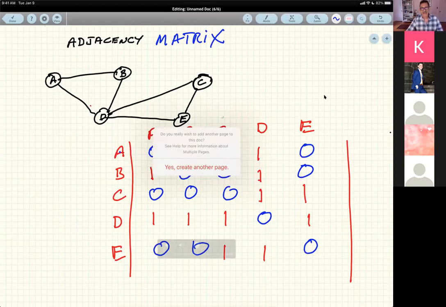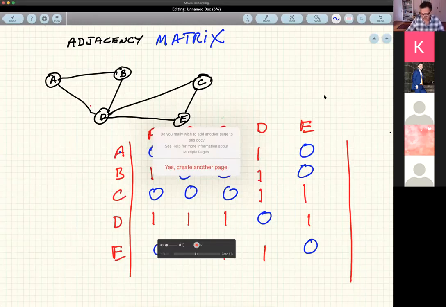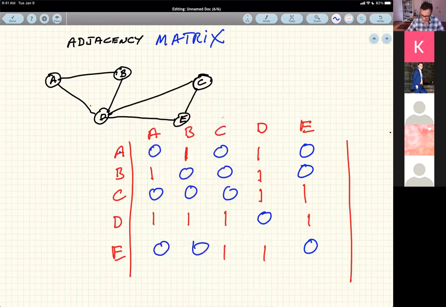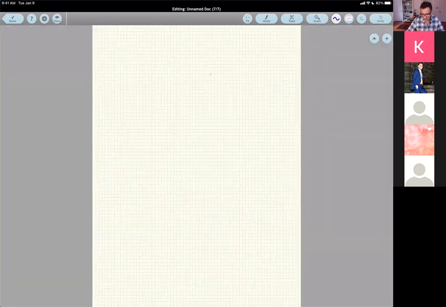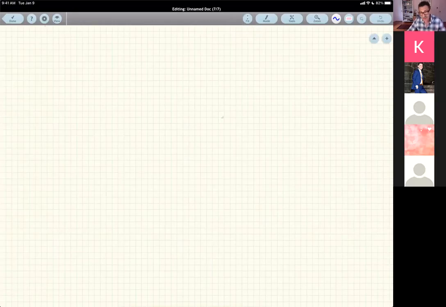So the most interesting thing about graphs is our ability to travel through the graph. Like we're gonna emulate a GPS kind of thing.